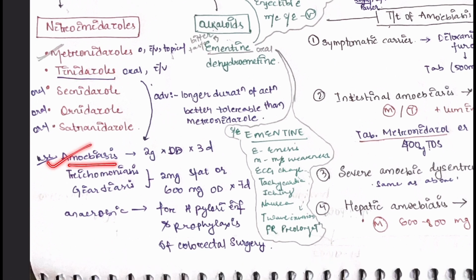First is amoebiasis, that is the main topic we are seeing here: 2 g once daily for 3 days. Trichomoniasis and giardiasis, both 2 g stat or 6 g once daily for 7 days, one week. Then anaerobic infections like H. pylori infections, and prophylaxis of colorectal surgery. So these are the different uses of tinidazole.